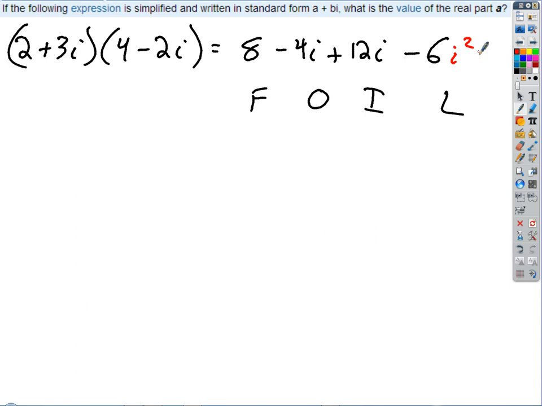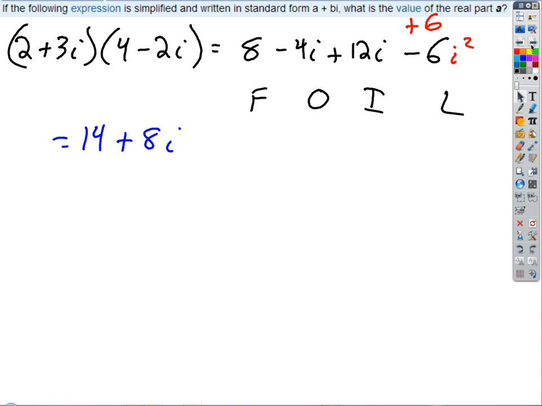What's i squared equal to? Negative 1. So this term just becomes a plus 6, right? And so our final answer, if I add up like terms, is 14 plus 8i. So what's a? 14. You got it.